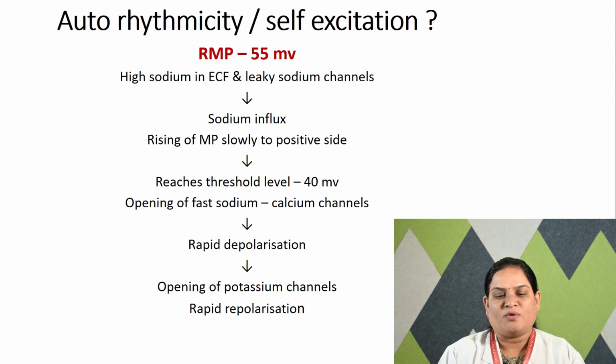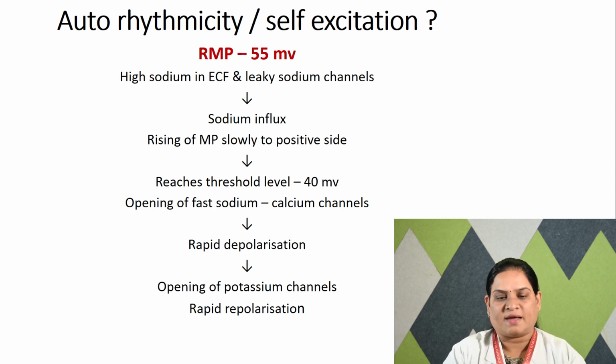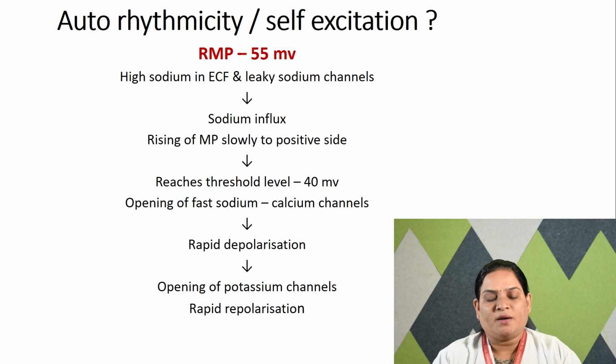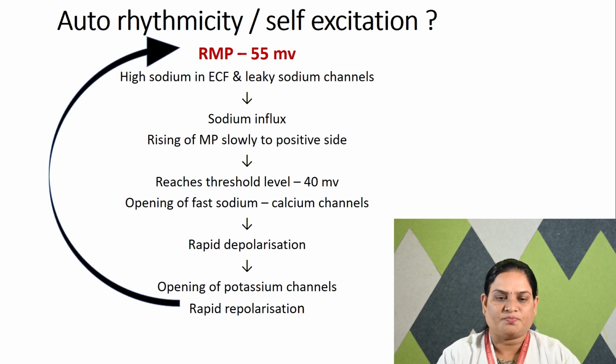There is opening of fast sodium and calcium channels. So this is a repetition of the previous slide. Because of this, rapid depolarization is there. The opening of potassium channels causes rapid repolarization, and the cycle is repeated.